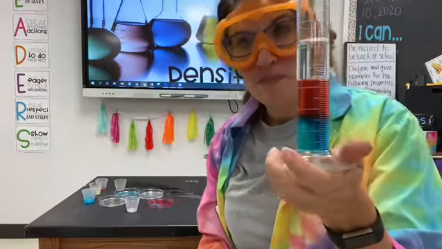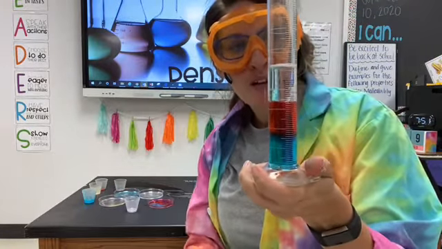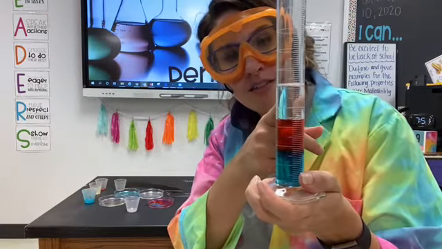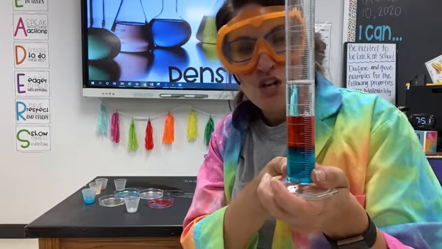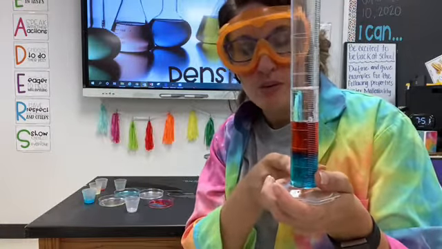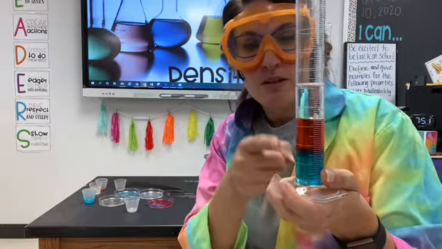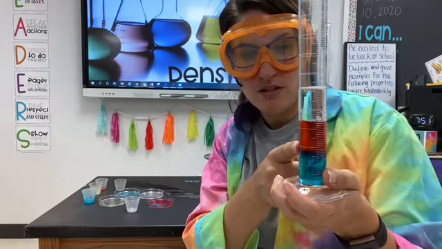So now we have a little red, white, and blue, but we notice that now this clear liquid is sitting on top of all these other two. So now we can do some more comparison. Our blue liquid is the most dense. It's the most dense because it's below these two other liquids.